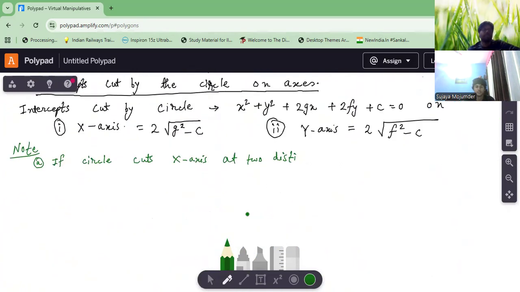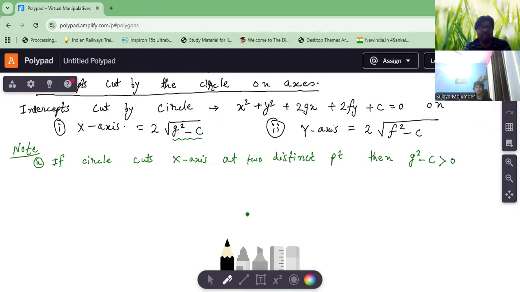If the circle cuts the x-axis at 2 distinct points, then this condition, g squared minus c, must be greater than 0. Because if it is greater than 0, then only it will cut at more than 1 point.